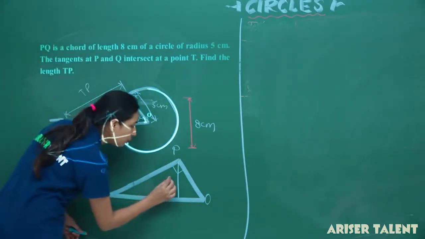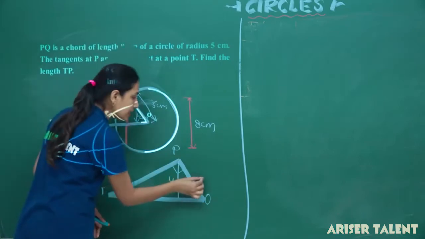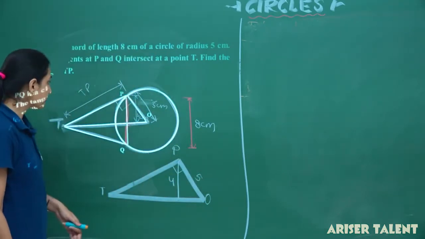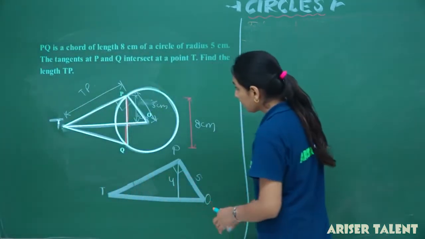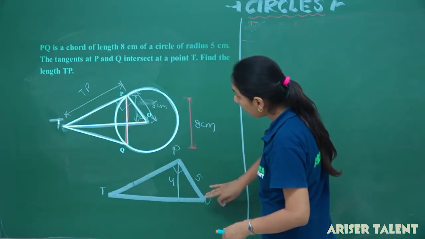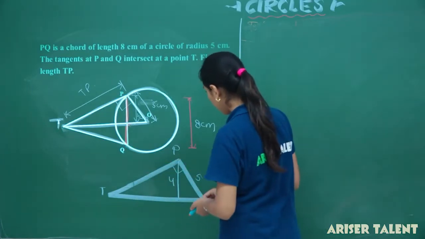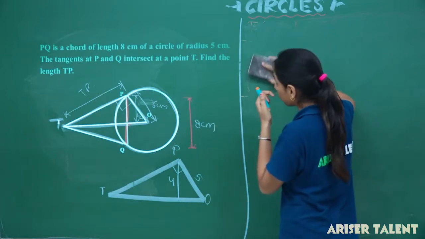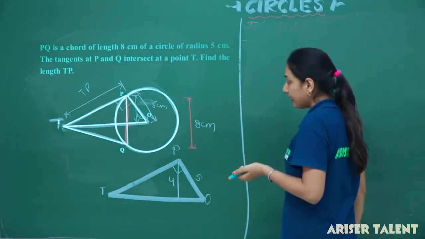Now this is equal to 4, this is equal to 5, and this is equal to 5. Now I have to find this one, so let's find TP.